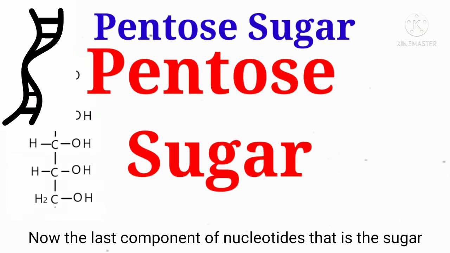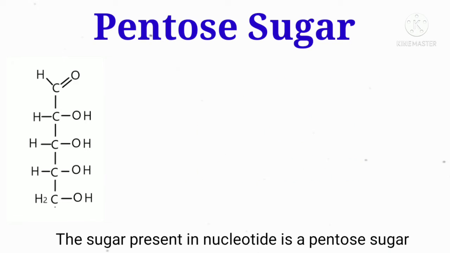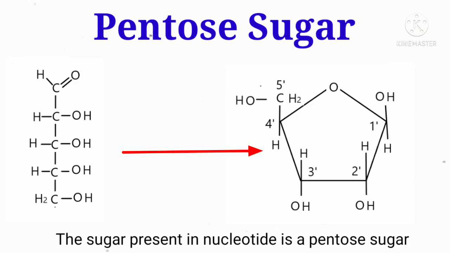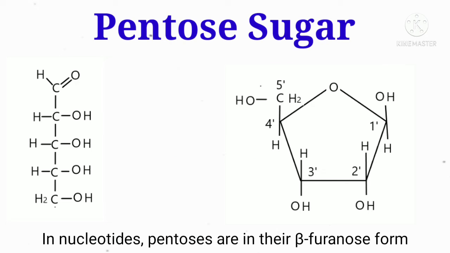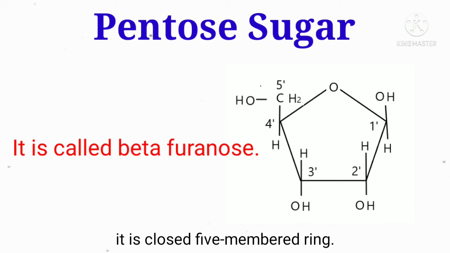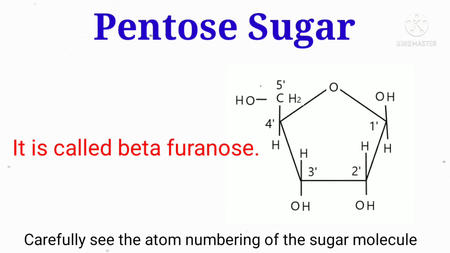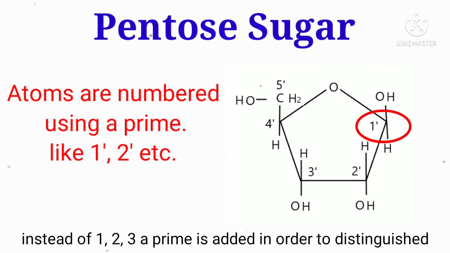Now the last component of nucleotides, that is the sugar molecule. The sugar present in a nucleotide is a pentose sugar, that is D-ribose. In nucleotides, pentoses are in their beta form, that is a closed 5-membered ring. Carefully see the atom numbering of the sugar molecule.